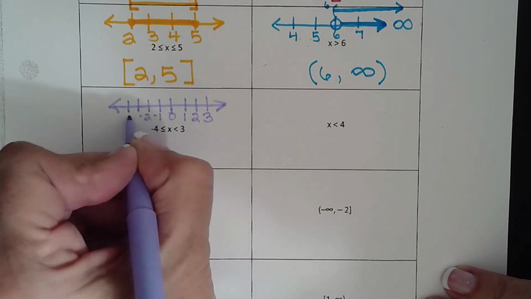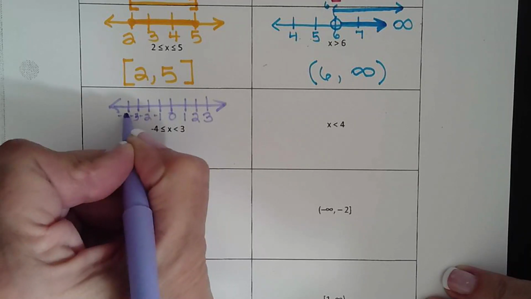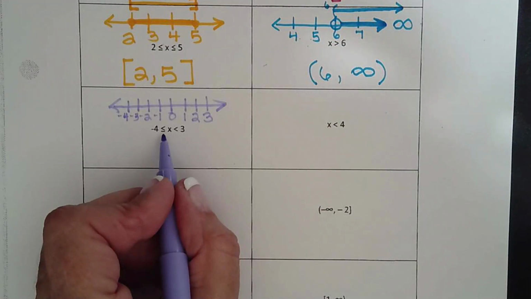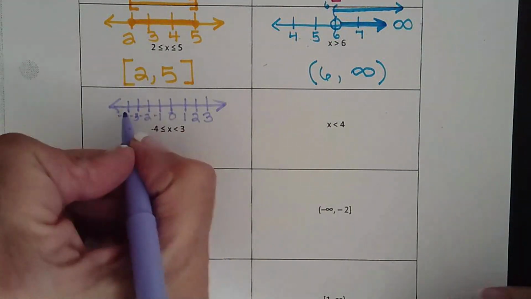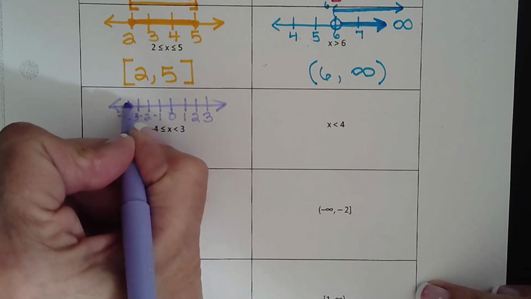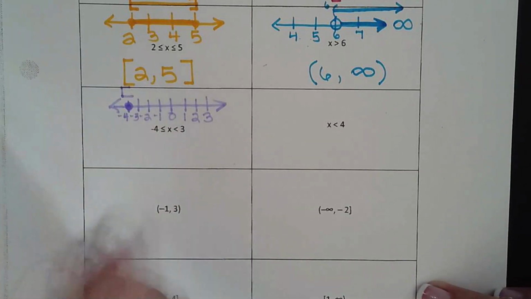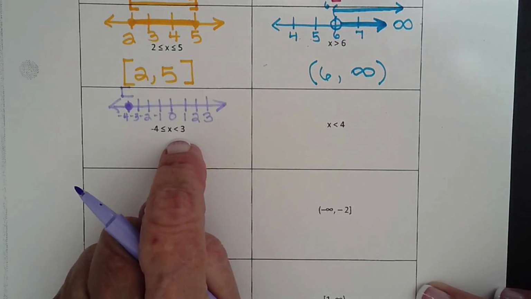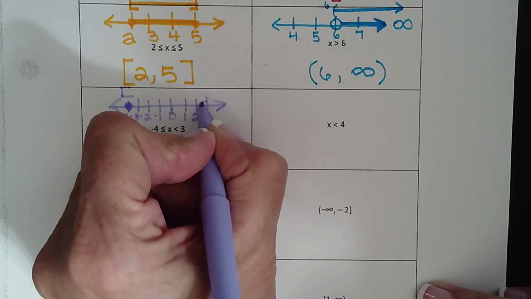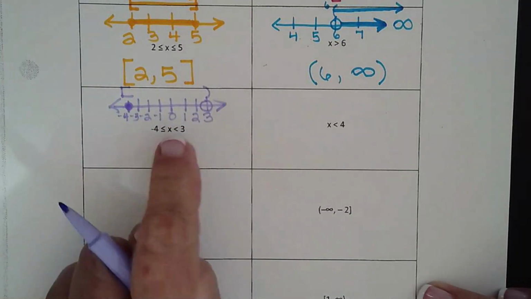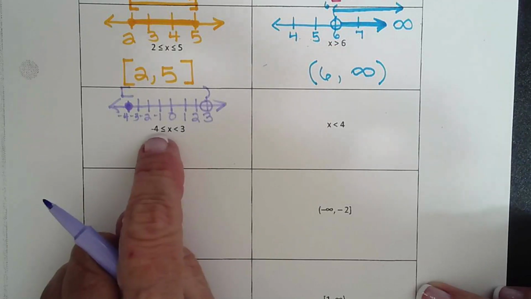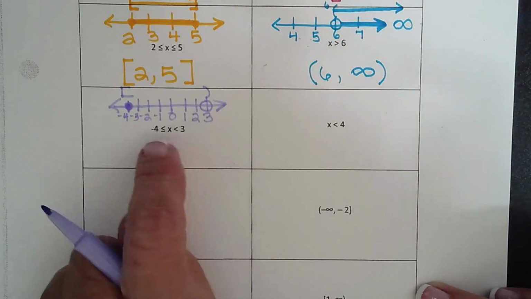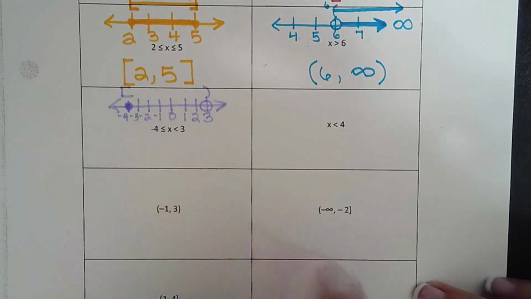And -4 gets a bracket or a closed circle, whichever one you're using, because of the equal sign. 3 gets an open circle or parenthesis because there's no equal sign. And this is red. X is everything between -4 and 3, including -4.